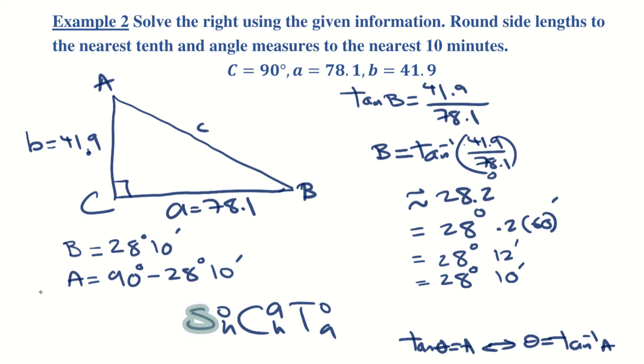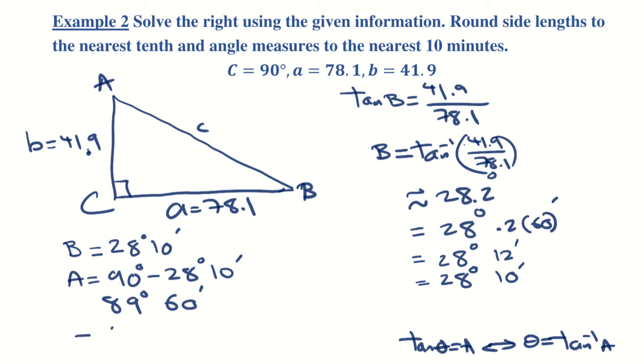So let me get rid of this SOHCAHTOA now. Remember, in order to be able to do this subtraction, I'm going to have to borrow a degree and turn it into minutes. So that's 89 degrees 60 minutes minus 28 degrees 10 minutes.